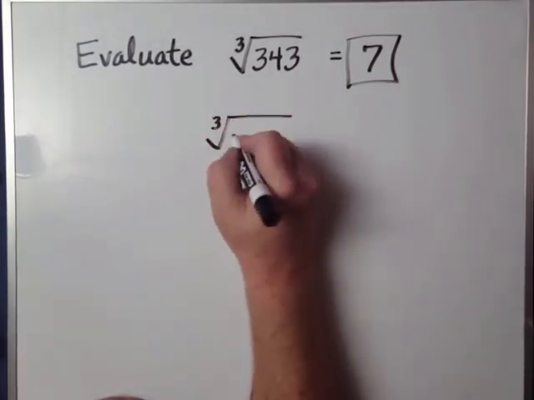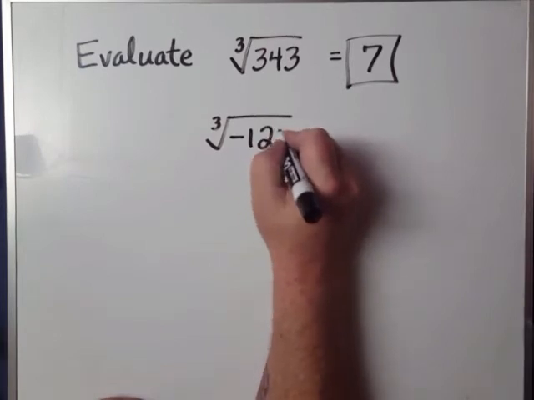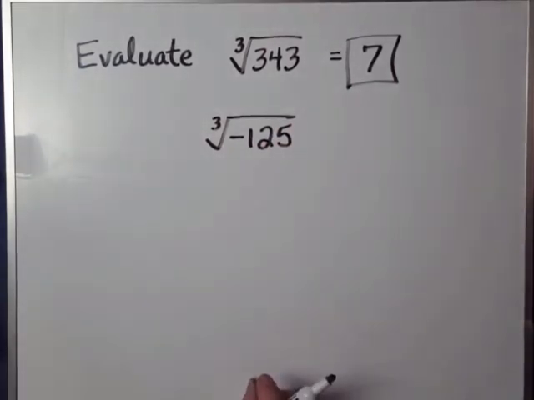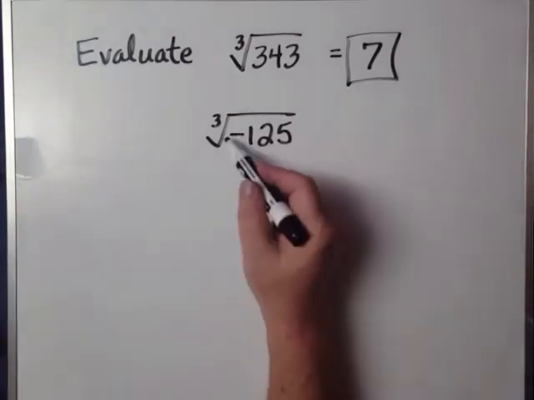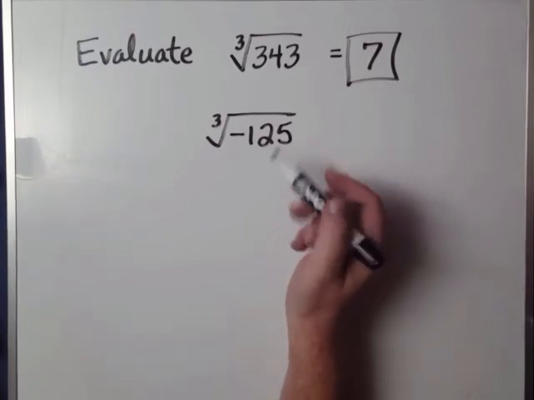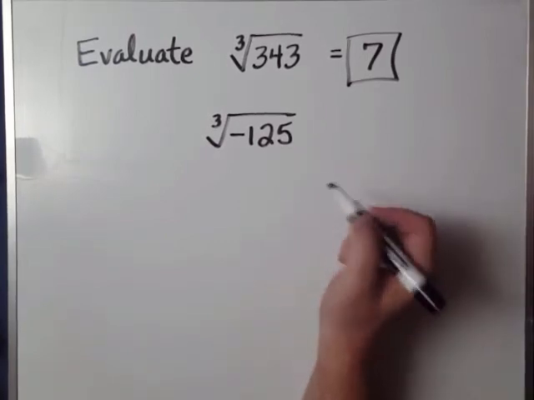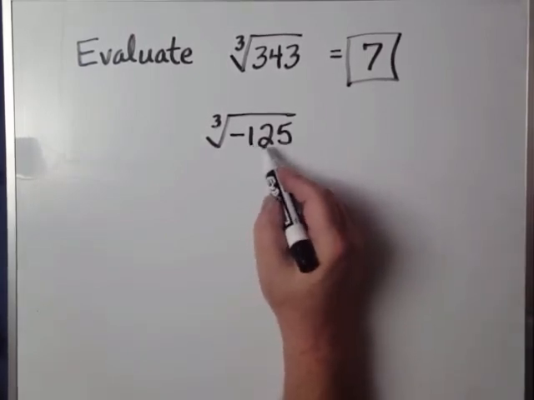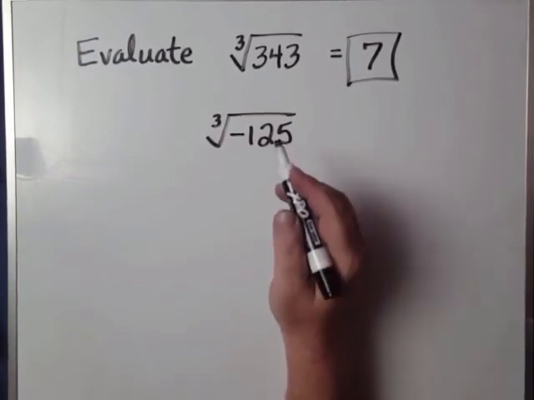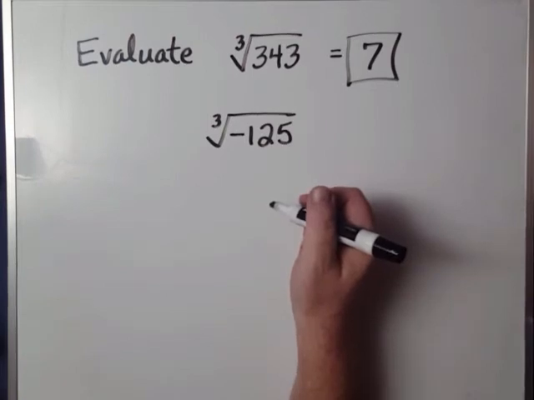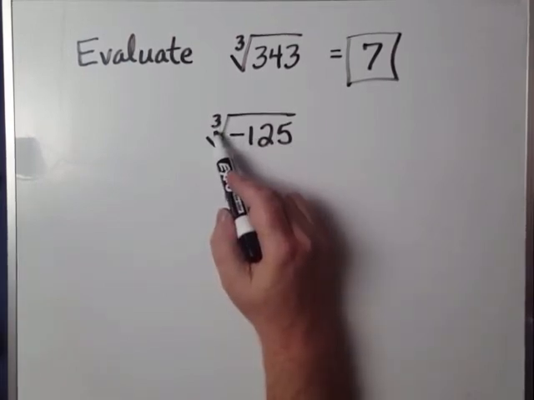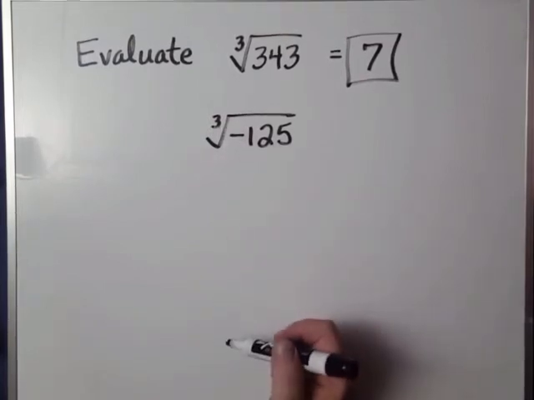Cube root of negative 125. Let's spend a moment thinking about this. This asks the question, what number when cubed gives me negative 125? What number times itself 3 times gives me negative 125? Is that even possible? Yes, it is. It is because this is an odd index.